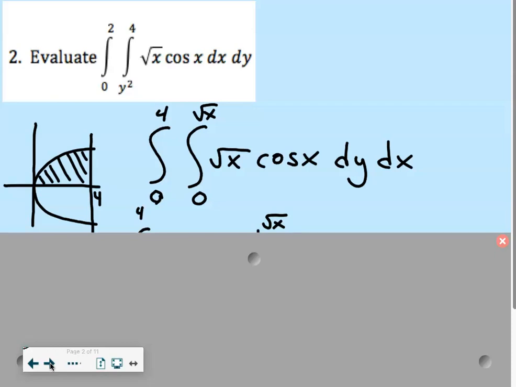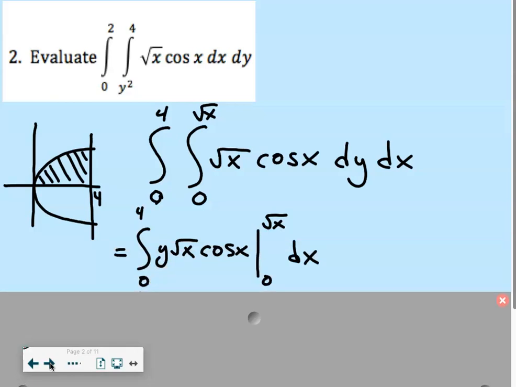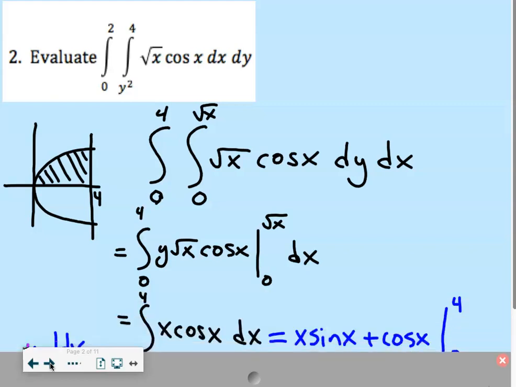So you switch it around because then when you integrate dy, it's just this times y. And then when you multiply in the root x, now you have x cosine x, minus 0. Once you have x cosine x, now you can use the tab method. So if you have a double integral that's impossible to do, it's probably one where I'm checking to see if you know how to reverse the order.